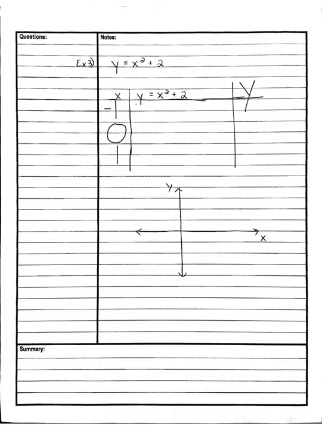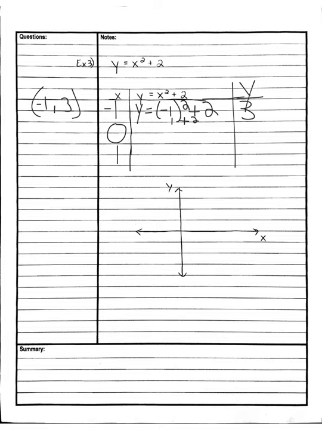I'm plugging negative 1. Whenever you substitute, always substitute in parentheses. So negative 1 is substituted for the x, and we square it, and we need that in parentheses. This means negative 1 times negative 1, which is a positive 1 plus 2, which you get 3. So this ordered pair would be negative 1 comma 3.